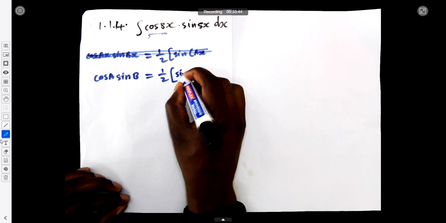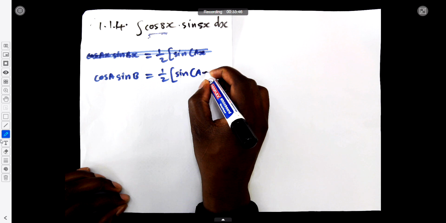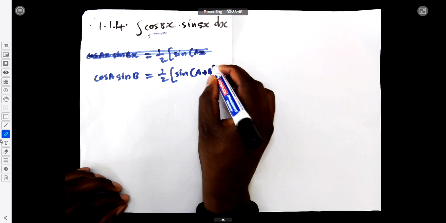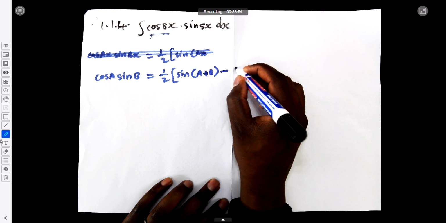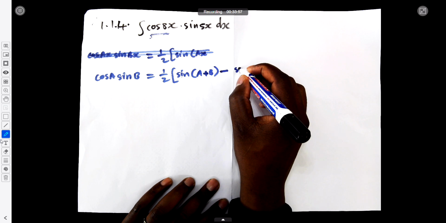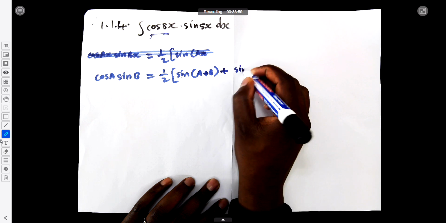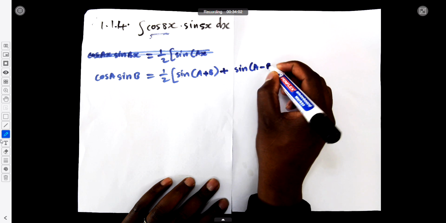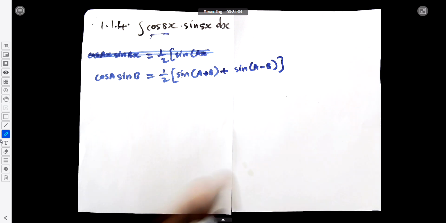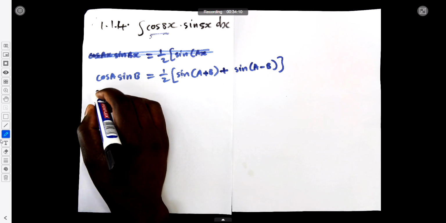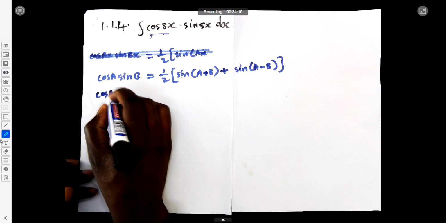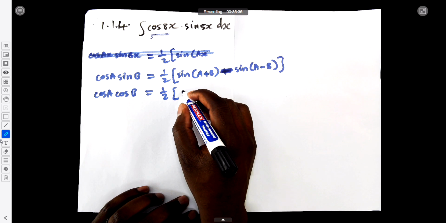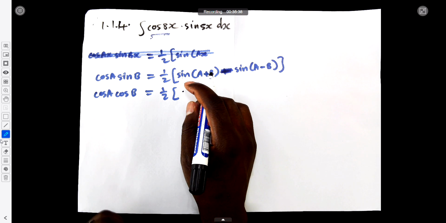The proper identity will be sine, therefore it will be A plus B. In the second term, I think it must be minus, right? Yes. So plus sine A minus B, close bracket. So this is an identity. We're not in the integral. And I just want to write all of them, but I think it's four. So if let's say we start with cosine A, it must be cos and cos of different angles.